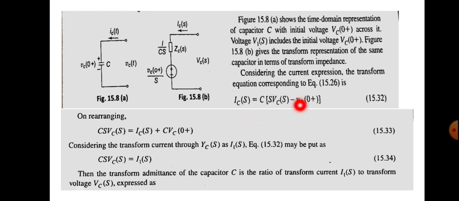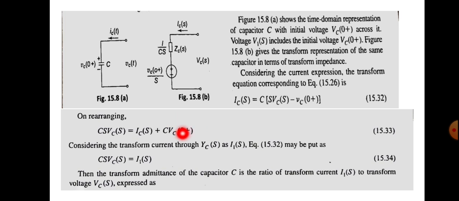If we rearrange this equation by taking this term to the left side and this term to the right side, we get C into s into Vc of s equal to Ic of s plus C into Vc of 0 plus. Here, considering the transform current through Yc of s as I1 of s, we can write C into s into Vc of s equal to I1 of s.